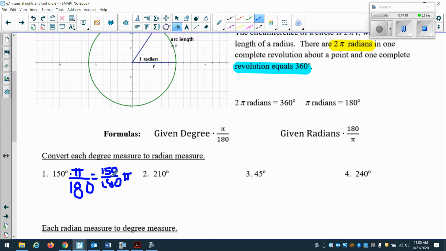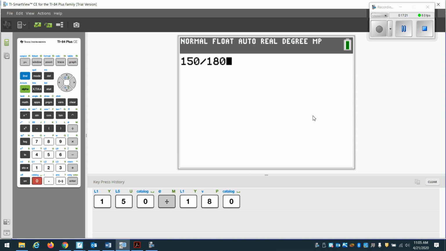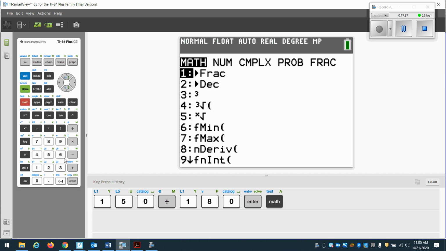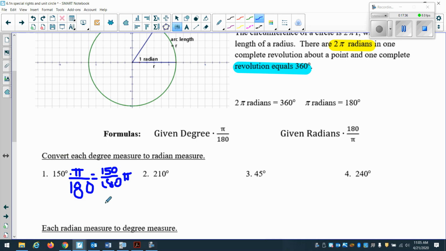So one way you could reduce it is by your knowledge of reducing fractions, or we could use our calculator and do 150 divided by 180, hit enter, and obviously you get a decimal. But we need that in fraction form. So you do math, frac, enter, enter, and you should get 5/6, which is exactly what we want to see.